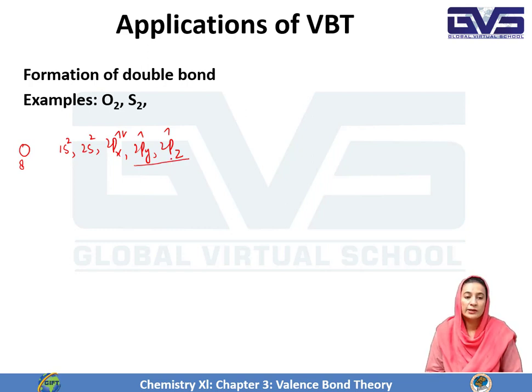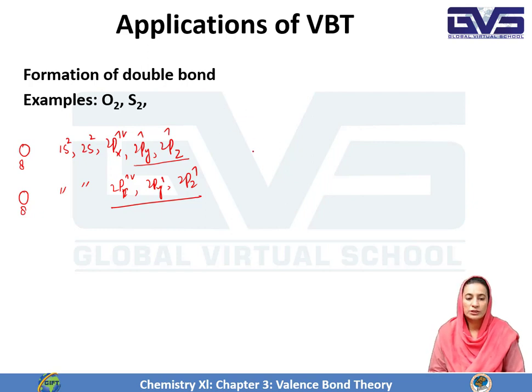The other oxygen has the same electronic configuration: 2px, 2py and 2pz. Because they contain two partially filled atomic orbitals, they form a double bond. How is it formed? Write the oxygen and draw all the px, py and pz atomic orbitals on it.